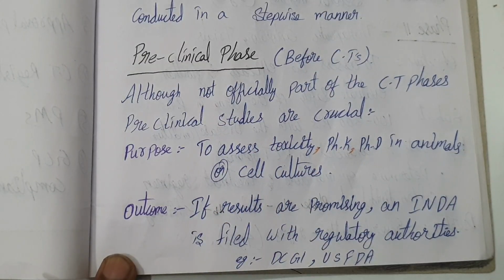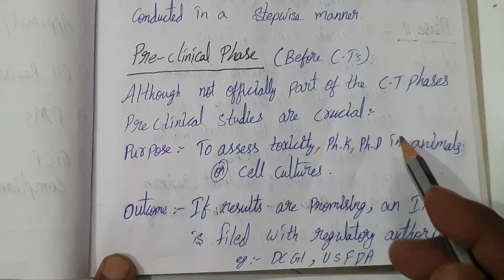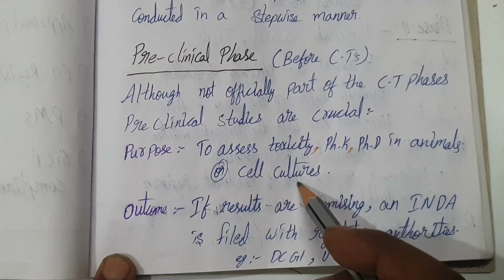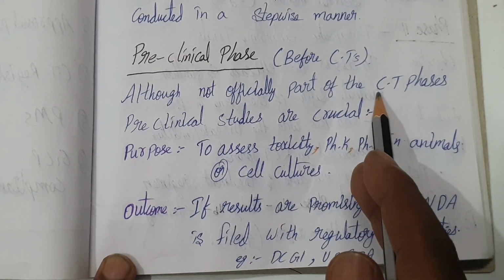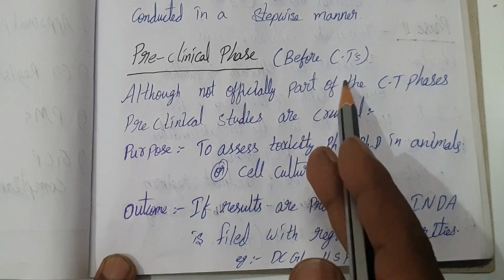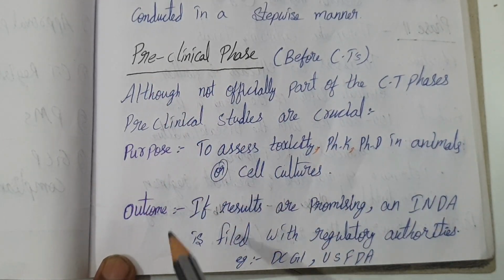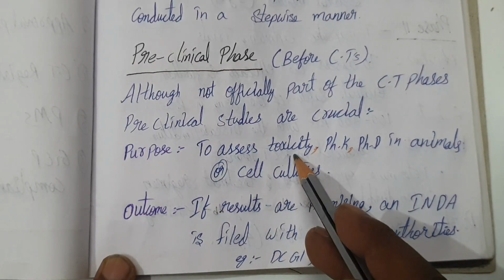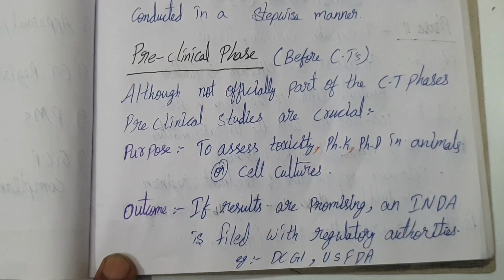So what is the purpose? Testing the drug on animals and cell cultures. It is not officially part of the clinical trial phases, but it comes before clinical trials, so that's why we say preclinical phase. And it assesses toxicity, pharmacokinetics and pharmacodynamics in animals and cell cultures.